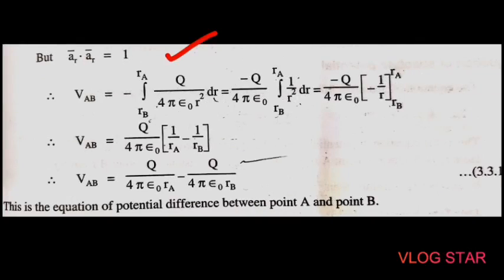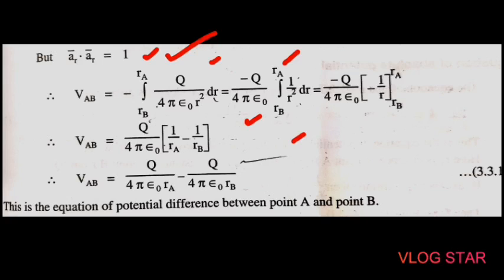So we can write here AR bar dot AR bar is equal to 1. So that's why VAB is equal to minus of integration of RB to RA Q upon 4 pi epsilon 0 R square dr, which is equal to minus of Q upon 4 pi epsilon 0 integration of RB to RA of 1 upon R square into dr.